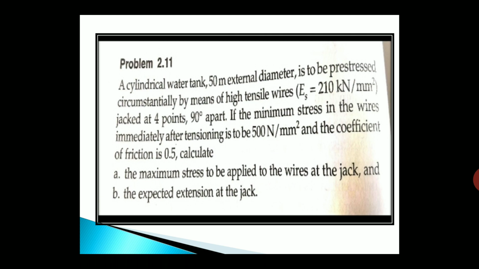Now this is a different example. Here we have a cylindrical tank of 50 meter external diameter, which is to be prestressed. We have prestressed circular water tanks, and this example is related to that. So here the diameter of the tank is 50 meters. High tensile wires of Young's modulus 210 kilonewton per mm square are used.